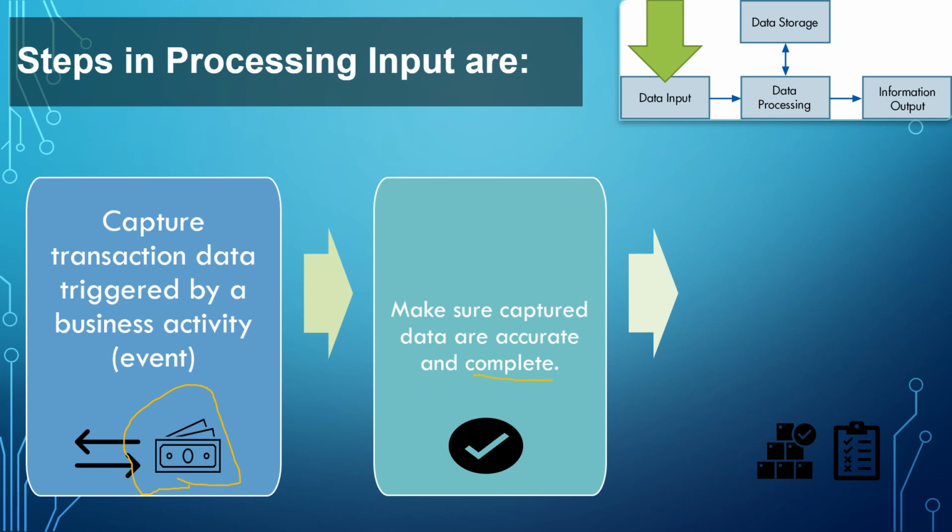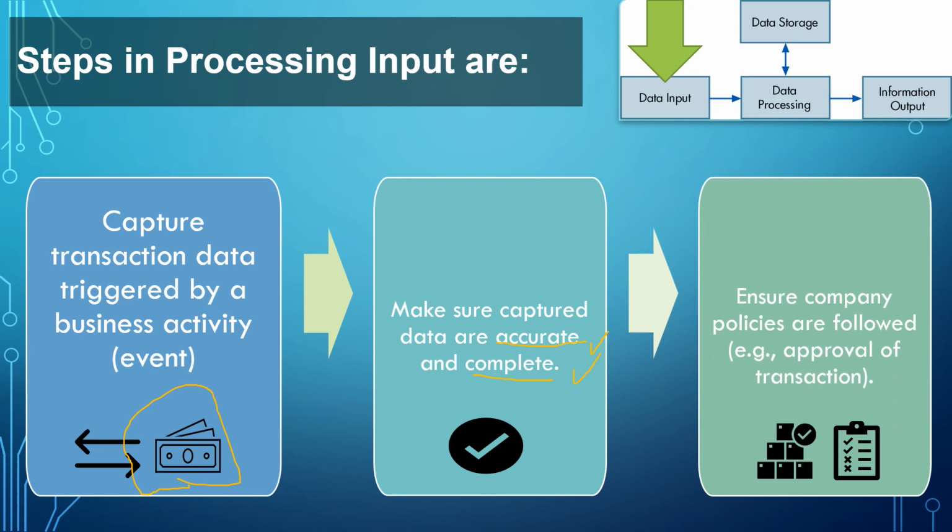These are the 2 conditions. And lastly, ensuring the company policies are followed in terms of the approval of the transactions, and also the checking of accuracy and completeness, which can be done in this step.